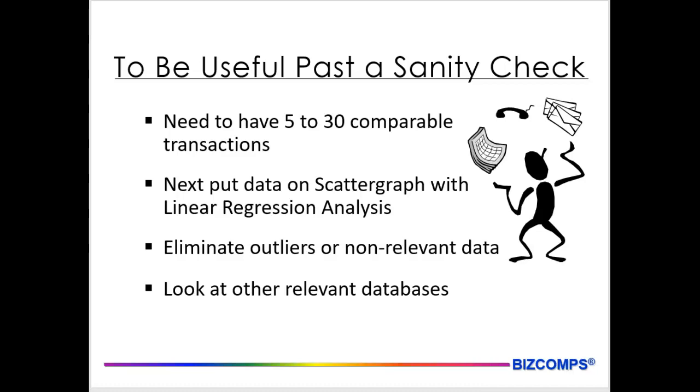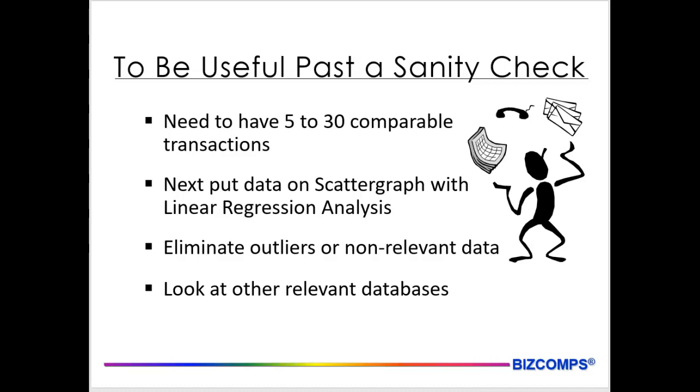In some cases, there simply isn't enough data to be used to get a good value for a business. Sometimes you only have one or two comps. Therefore, you might be able to use the indication of value from those comps to do a sanity check. But to use the comps properly, you have to have certain elements. First, you have to have a sufficient number of comparable transactions, and then the grouping of the data in the sample has to be close enough to each other.